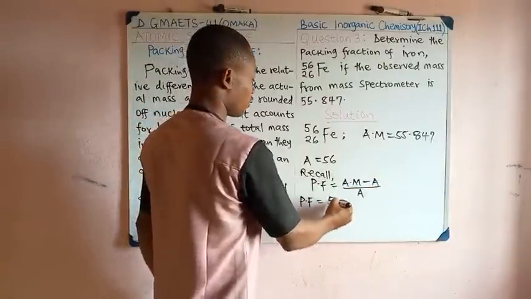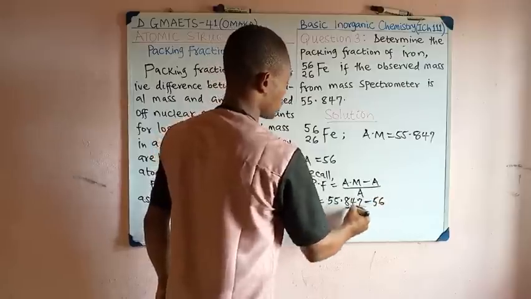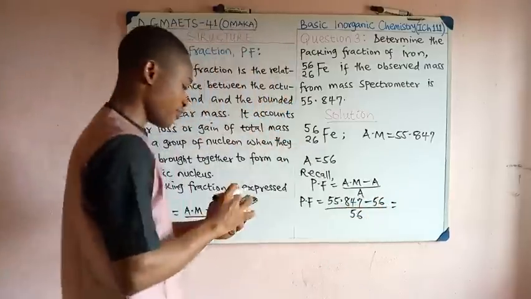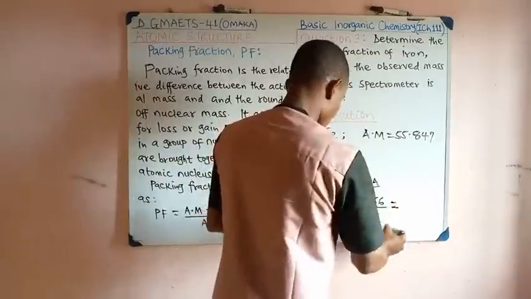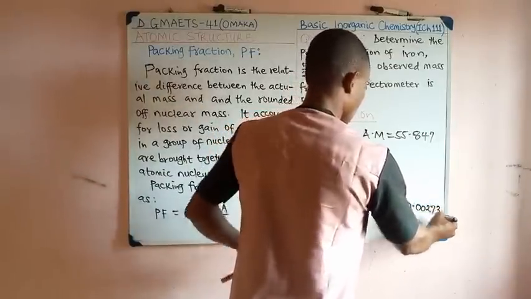So actual mass is 55.847, minus 56, divided by 56. Working around this, let's see what the packing fraction would be. It's going to give us minus 0.0027273.